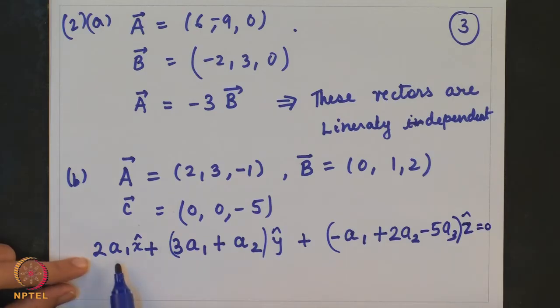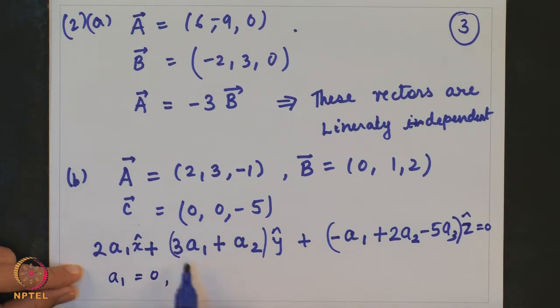Now, you have to equate each of these coefficients such that you can calculate the values of A, B and C. So, from here if A1 is equal to 0, we can obtain A2 which is also equal to 0, and when you substitute for A1 and A2, this would imply that A3 is also 0.